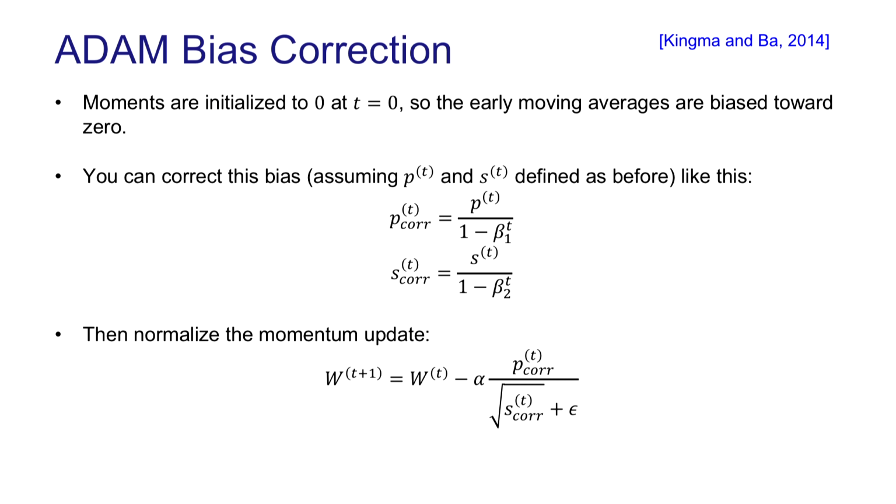And anyway, this is the bias correction. It's basically the formula for a geometric series. It basically says, if you assume the thing you're estimating, either the gradient or the squared gradient, is constant, then if you only have a few observations, you can estimate the final value by computing this formula here.